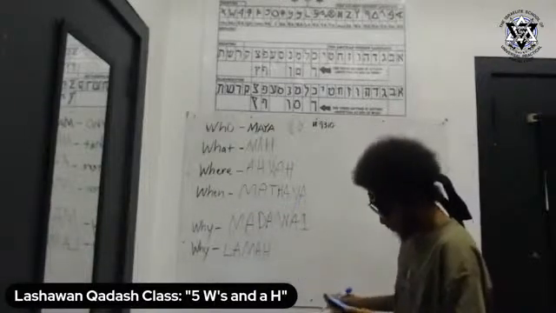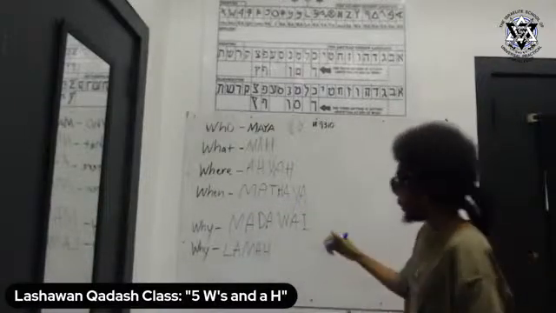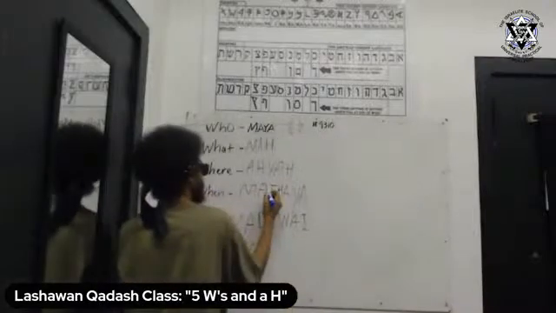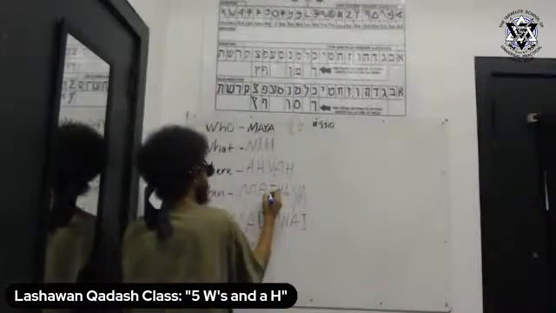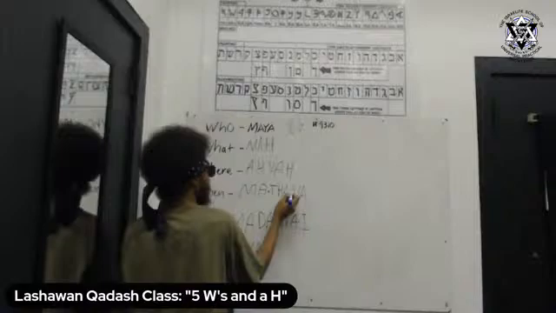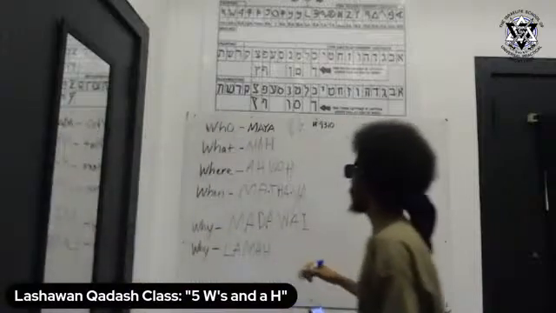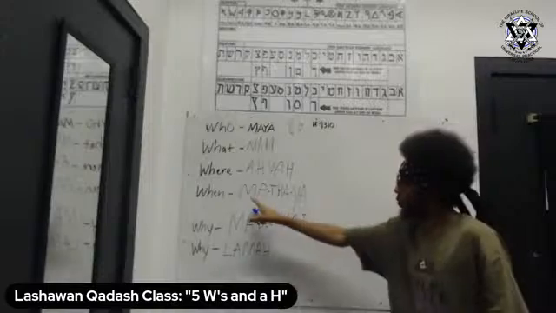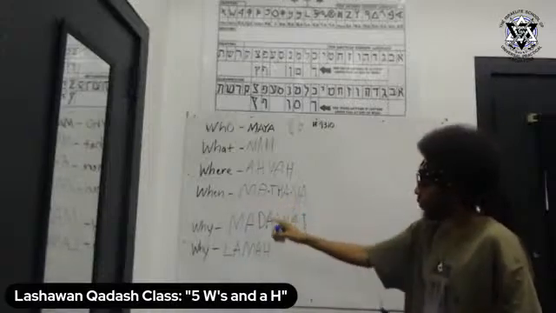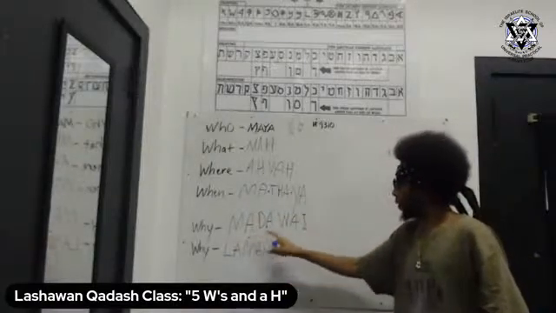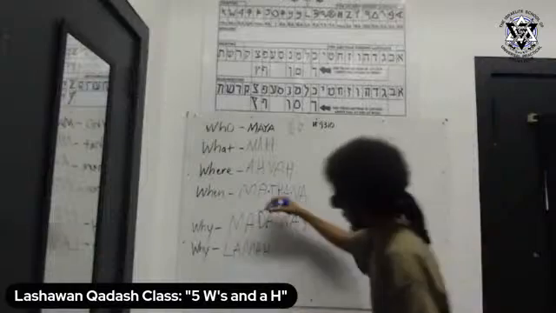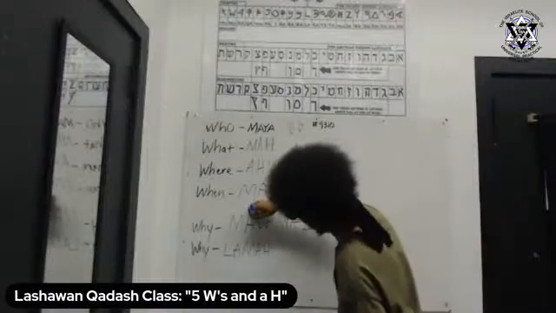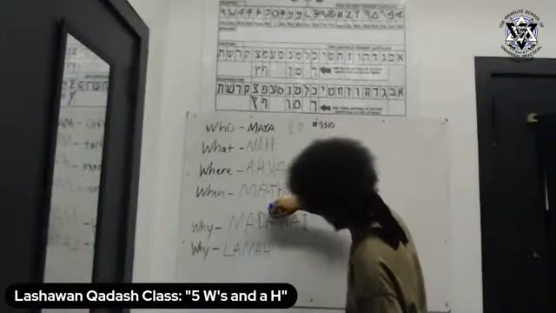So now, I'm just doing this real quick so everybody can understand. Ma, yeah. I'm separating it so everybody can understand what is being said. Ma, yeah is when. Y is mother Y. Okay.